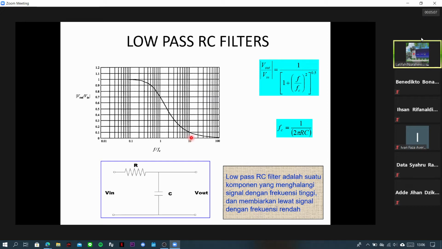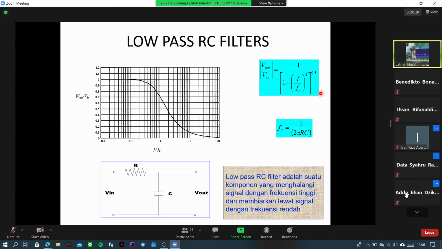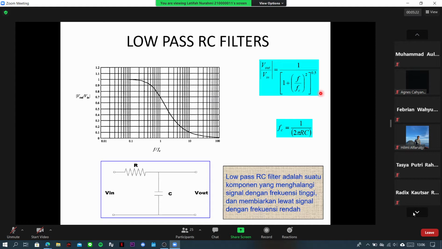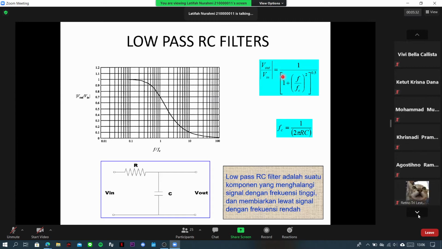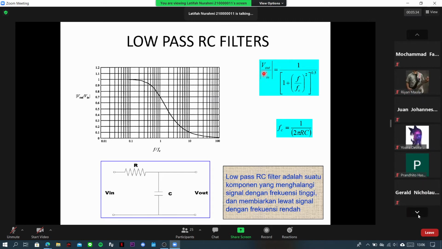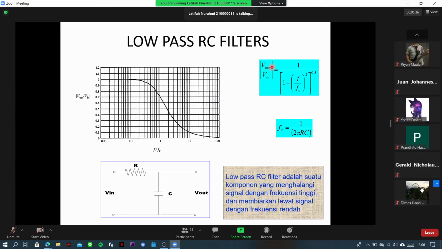The ratio between output and input voltage is written as a mathematical equation this way. I took it simply from the book, so you can see here is our critical frequency, and if we know the input voltage, we can find one of them.